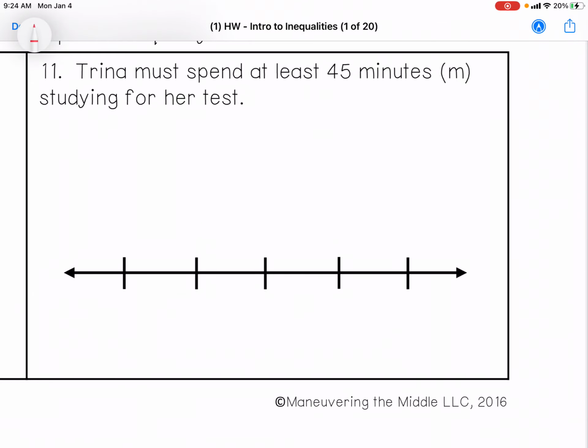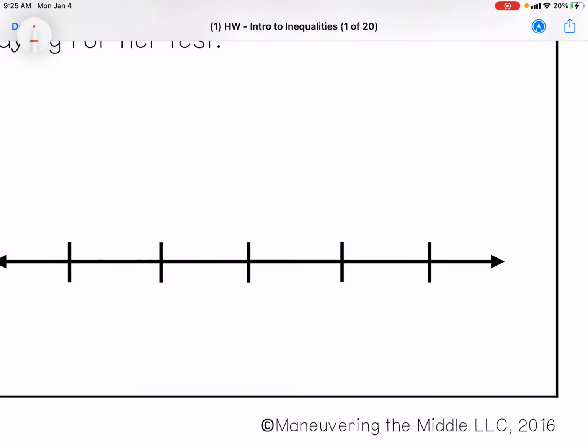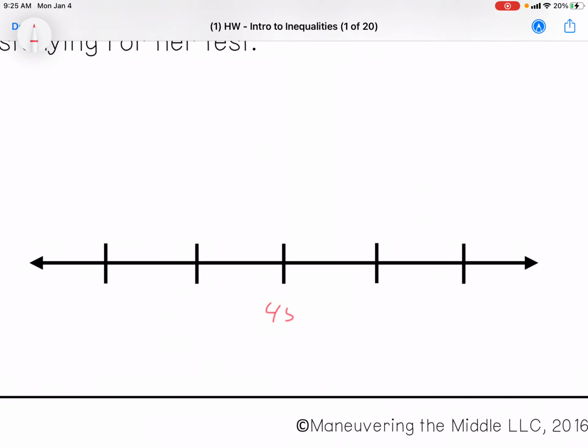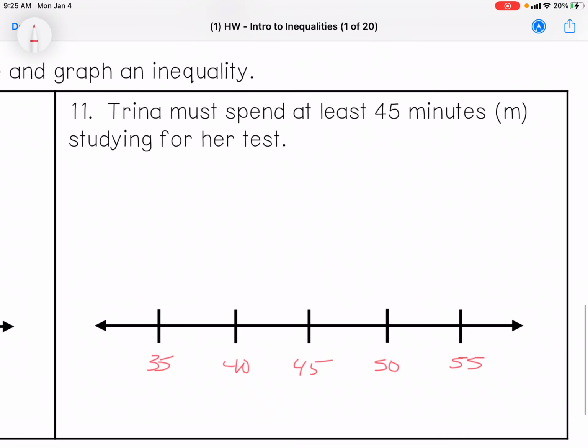Triana must spend at least 45 minutes studying for her test. So let's go ahead and do this. I'm going to count by fives. You could have counted by whatever you wanted. They want us to use an M, which is fine. At least.